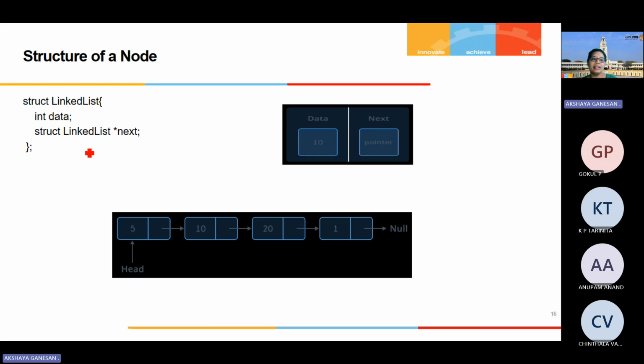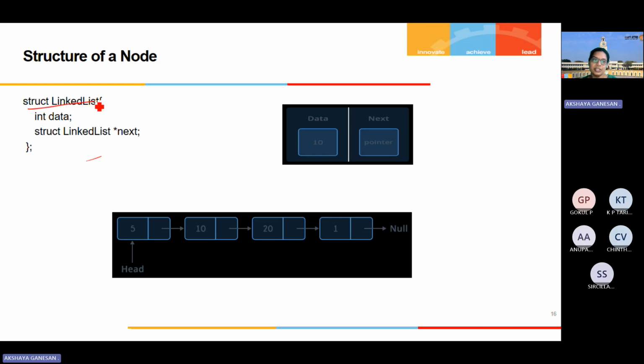Now, how do you implement this data structure in C? You create a structure for each node. So struct node is what you first define. It will have integer data, and then a node next, which is pointing to the next node.